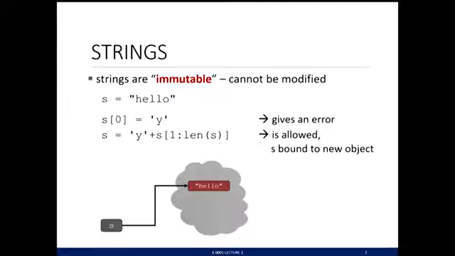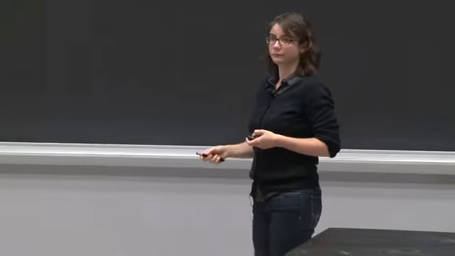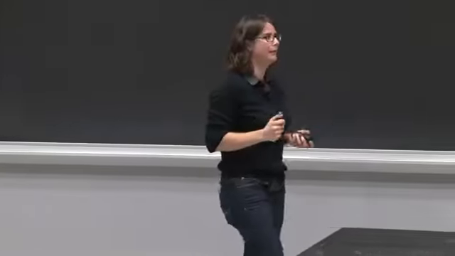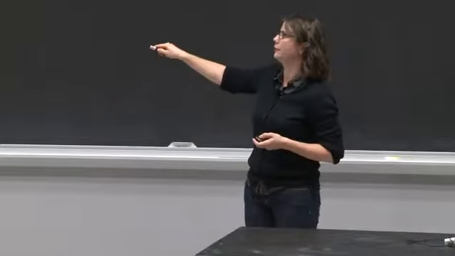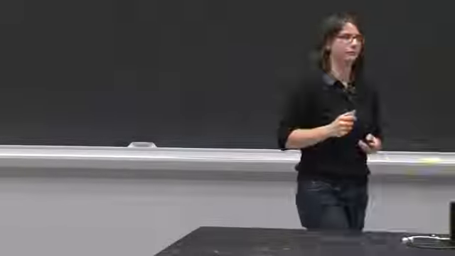Now internally what happens when I write this line is Python says, okay, I'm going to break my bond with this original object hello. I'm going to bind my string variable s to the new object yello, and this other old object still is in memory somewhere, right? But it's an entirely different object that I've created here. Again, might not mean anything right now, but just keep this in the back of your mind. Strings are immutable.